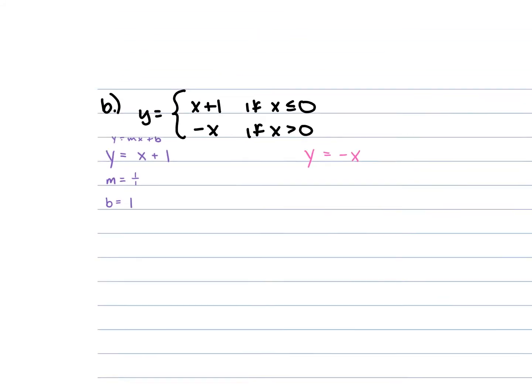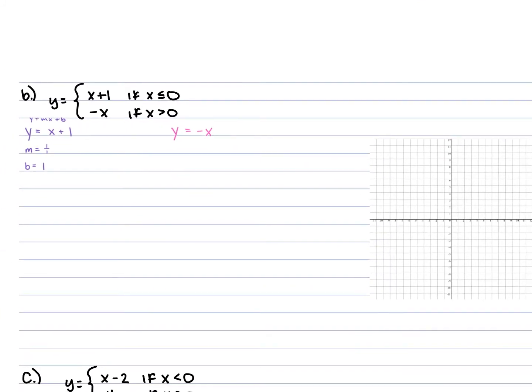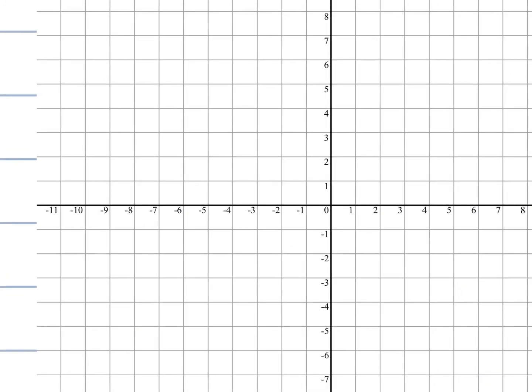So what would I graph first? The positive 1, I graph my y-intercept. B is where we cross the y-axis. And how would I draw a slope of 1 over 1? Up 1 to the right 1, up 1 to the right 1. We just connect the dots with a line.